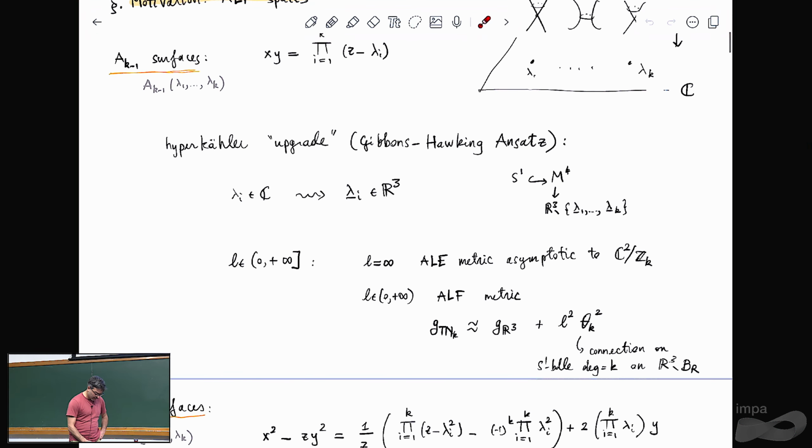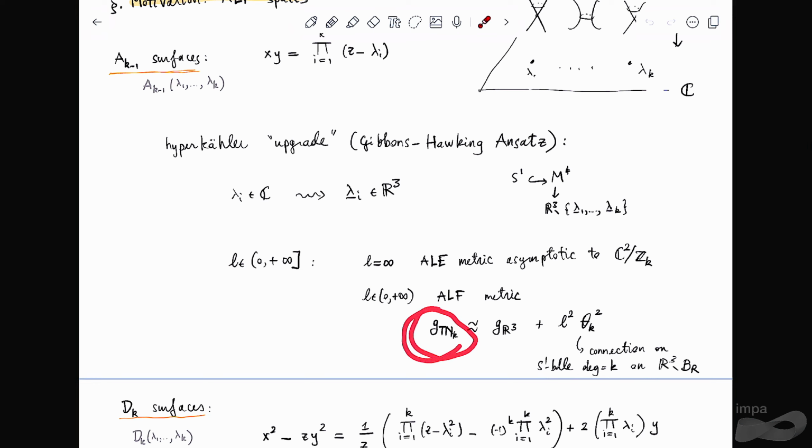The Gibbons-Hawking metric, or multi-Taub-NUT metric, for L a positive constant is going to be ALF, which very roughly means that at infinity we have a Riemannian submersion where the bases are flat R^3 and the fibers are circles of radius L.